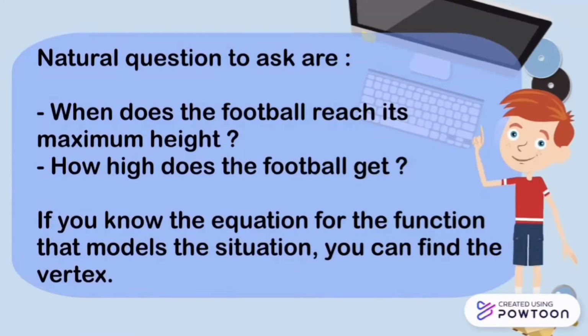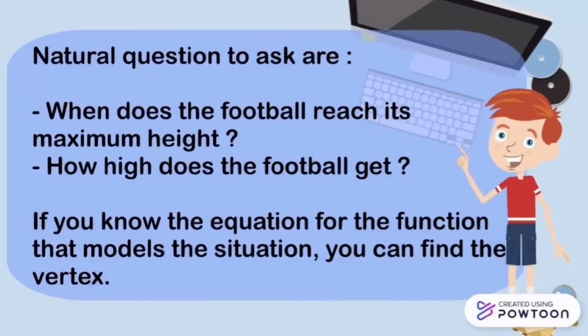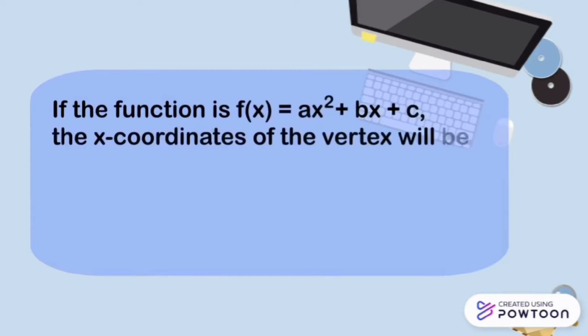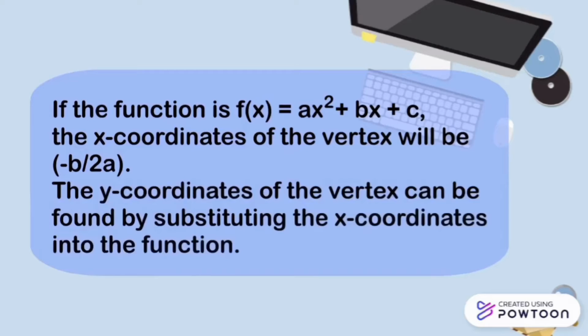If you know the equation for the function that models the situation, you can find the vertex. If the function is f(x) = ax² + bx + c, the x-coordinate of the vertex will be −b/2a. The y-coordinate of the vertex can be found by substituting the x-coordinate into the function.